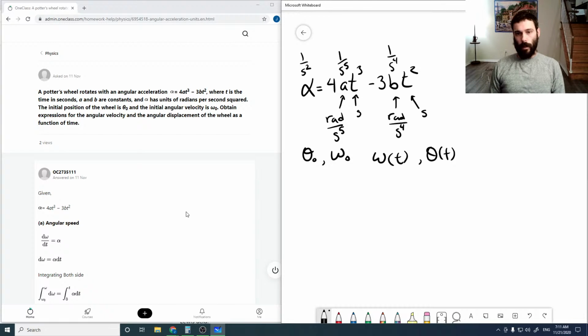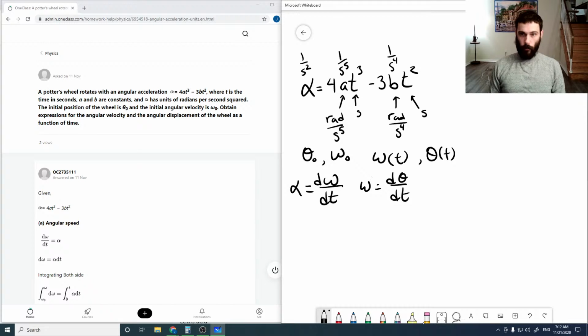So that means that alpha is d omega by dt, and omega is d theta by dt.